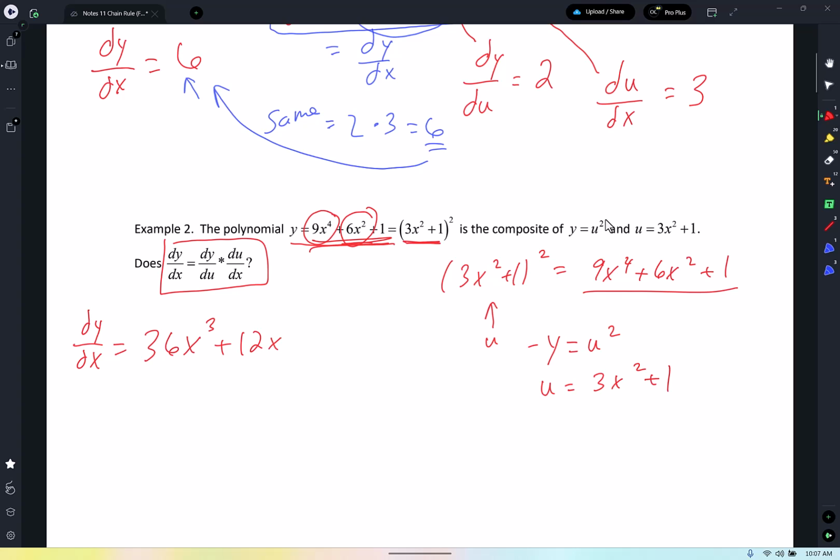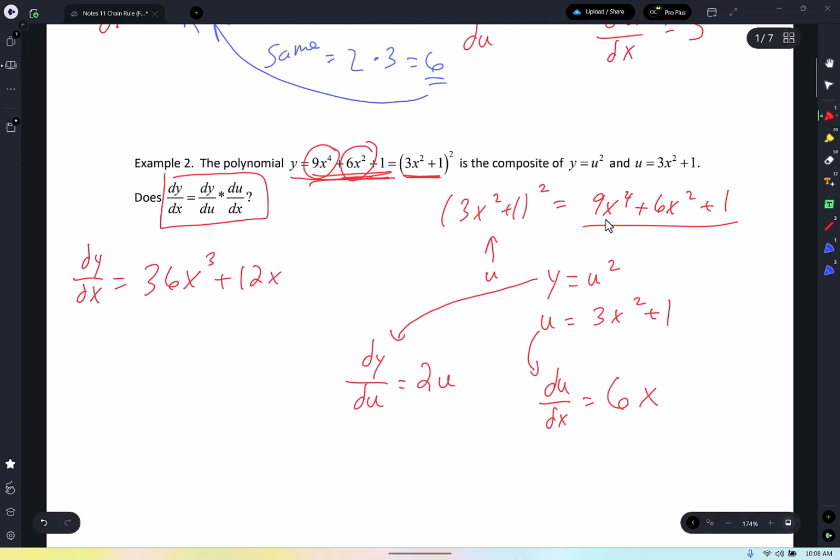When I take the derivative of this guy, dy du, because I'm taking it with respect to u, you just get 2u. Yes or no? When I take the derivative of the u, du dx, the derivative of this guy is just 6x. Do we get 36x cubed plus 12x?